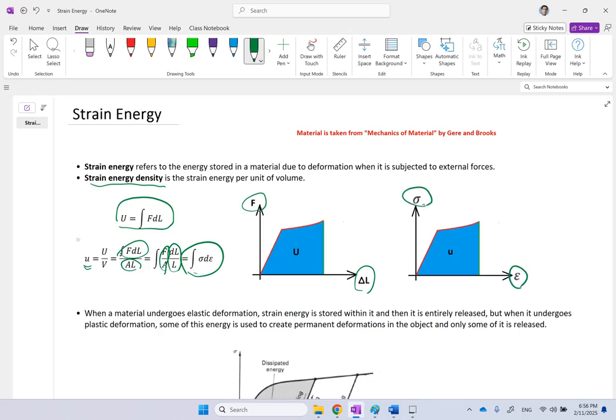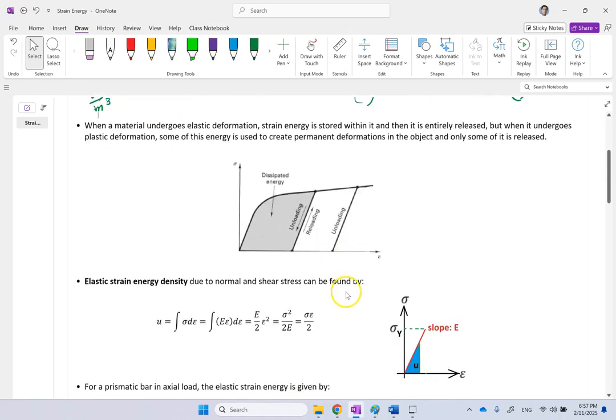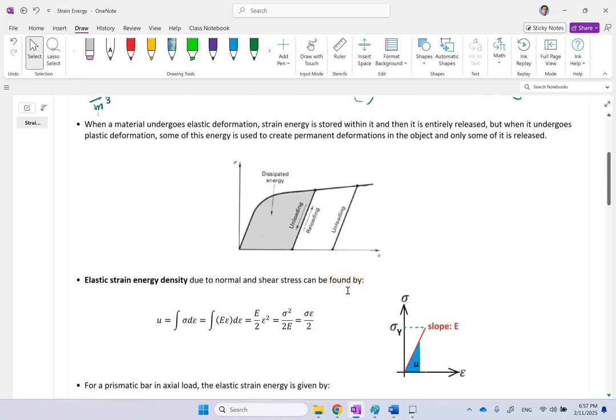So these are two notions. The unit for strain energy is joules, and for this one, it is joules per meter cubed or per feet cubed. So that is the definition of it.